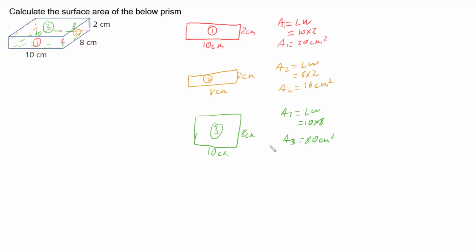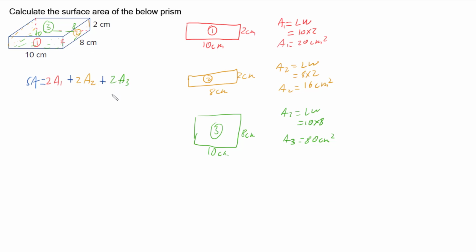And then to work it all out, I need to basically sum them up. So my surface area is going to be that first area, but there's 2 of them, one at the front, one at the back. So I'm going to have 2 lots of the first area, plus same thing, I'm going to have the second area, but there's 2 of them, so I'm going to have 2 lots of the second area. And then I've got the third area, and I've also got 2 of them.